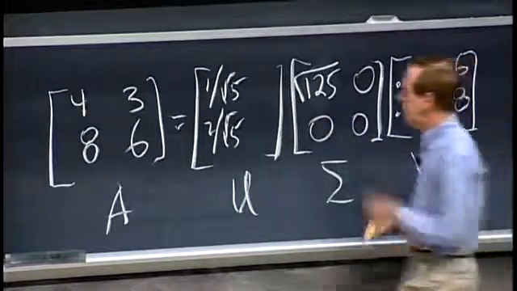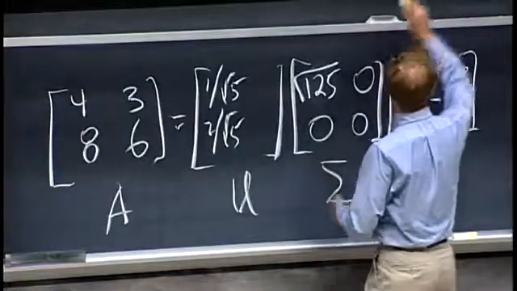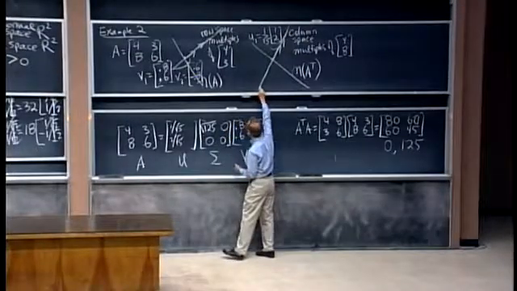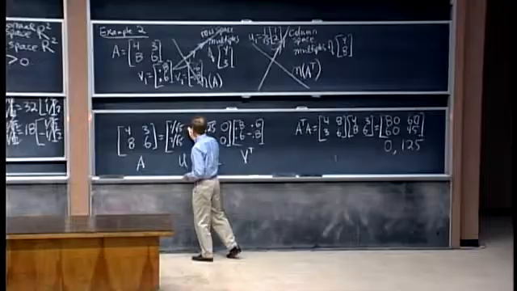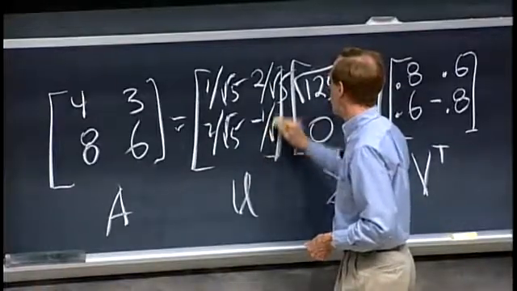And I guess I better finish this guy. All I want is to complete the orthonormal basis. It'll be 2 over square root of 5 and minus 1 over square root of 5.